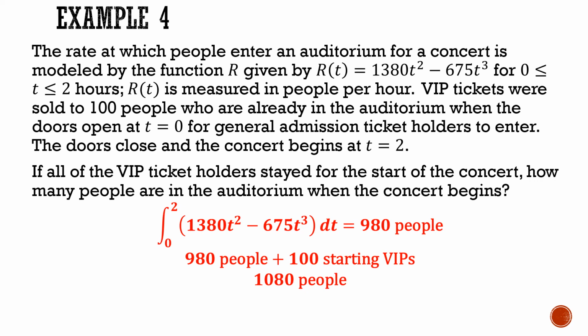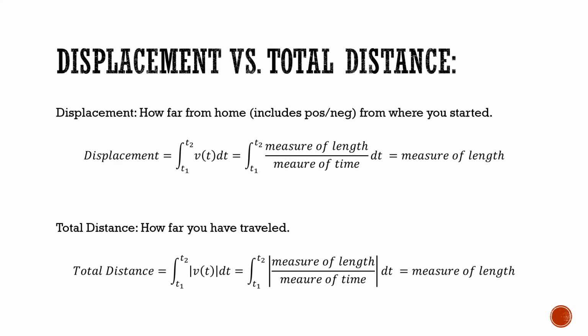Okay, so back when we learned particle motion, we talked about finding displacement and total distance, and we had a little formula for how we were going to find displacement and total distance using the original position function. Now we can also find displacement and total distance using integrals.